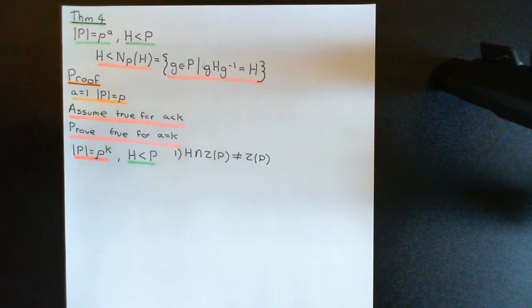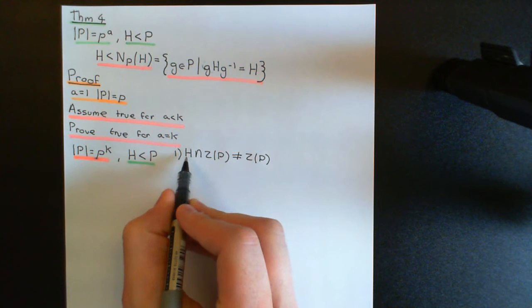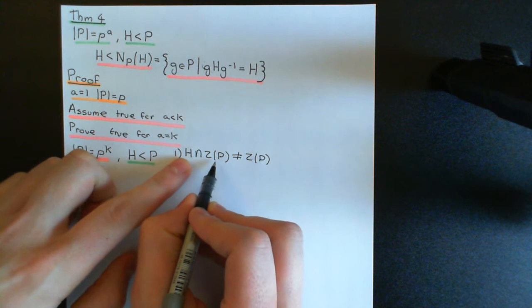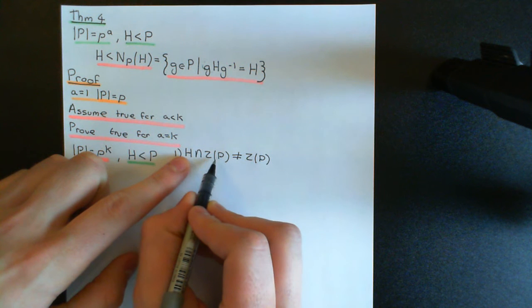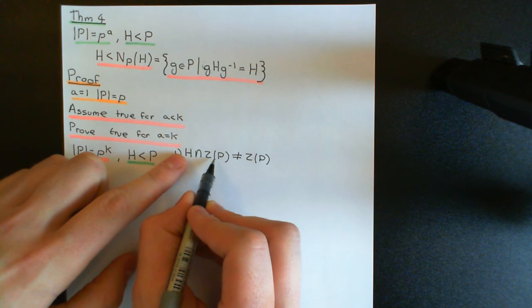Remember the centre of the group is this subgroup of P that contains all the elements which commute with all other elements of the P group. Firstly, we know from theorem 1 that the centre of P is not just the trivial subgroup. It contains more elements than just the trivial subgroup.